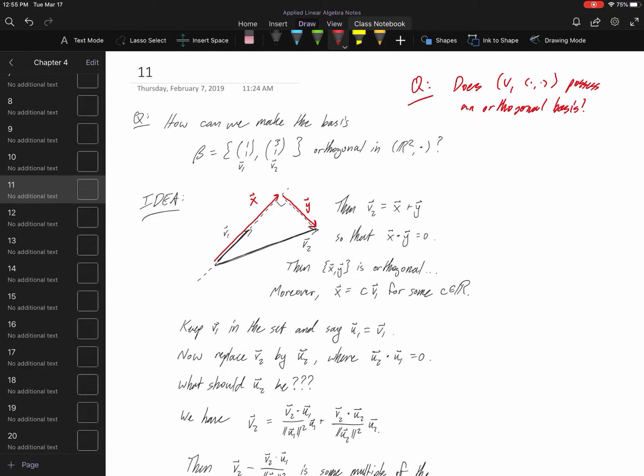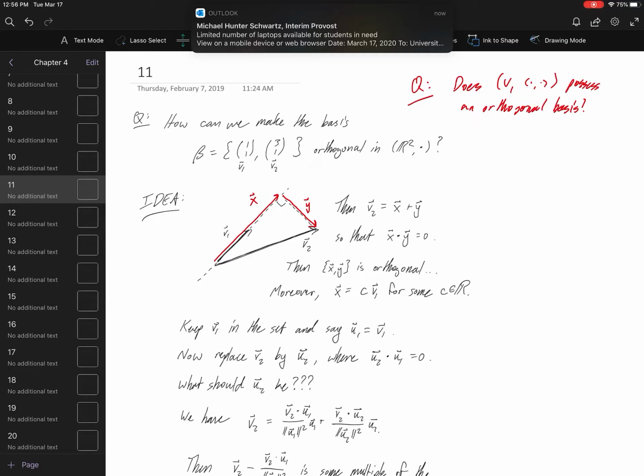We don't want to start an algorithm if we are not 100% certain that it is going to terminate or find a solution to the problem. You don't want to start looking for a solution that doesn't exist. So does an arbitrary inner product space possess an orthogonal basis?